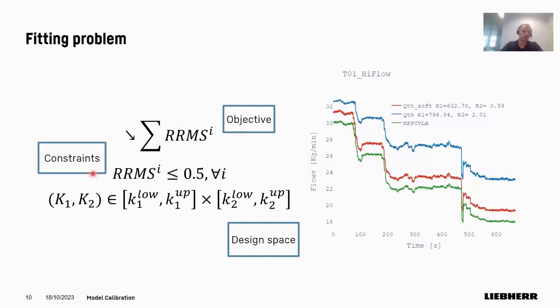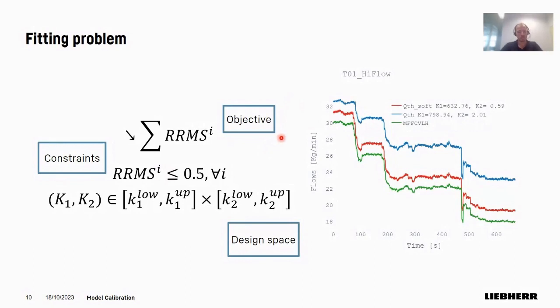So we already see the optimization problem being derived. We also had some constraints. We would like the error for each profile to be less than a value. We do so because we don't want one objective to be perfectly calibrated and all the others badly calibrated.